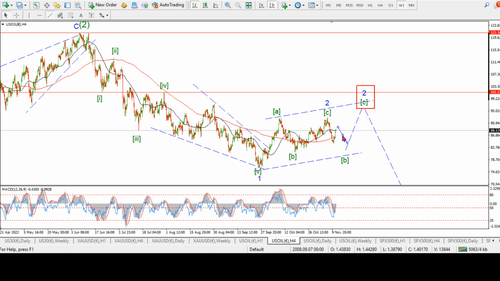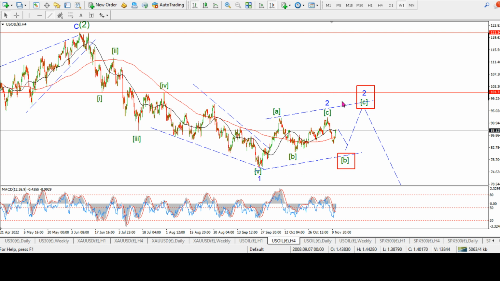The pattern that's operating in crude oil is, it's tricky right now. I think that might be the best technical term for it at the moment. There are obviously a couple of options that could happen here.